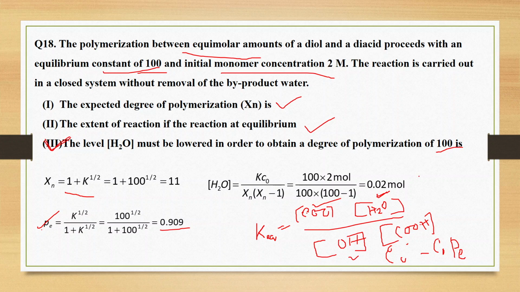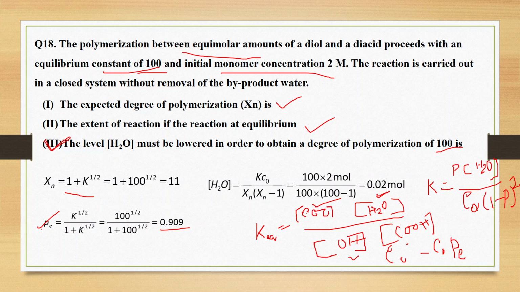So this will lead to an equation like this, where K equals P into the H2O concentration, divided by C0 into (1 minus P) whole square.